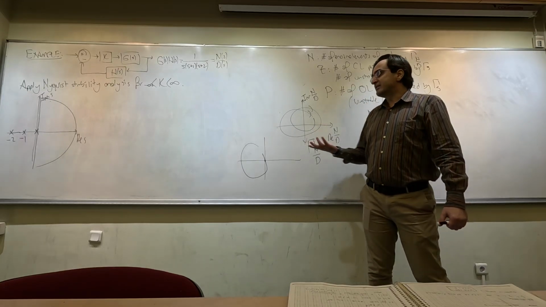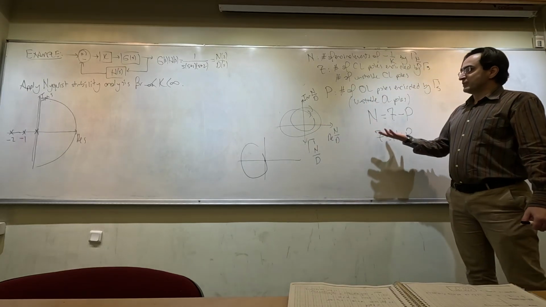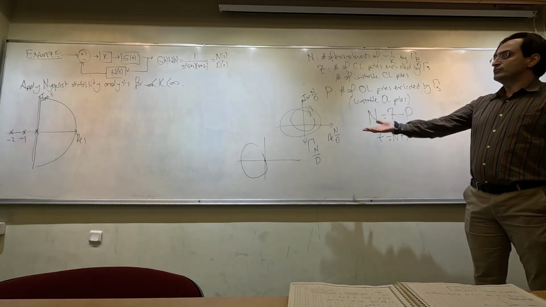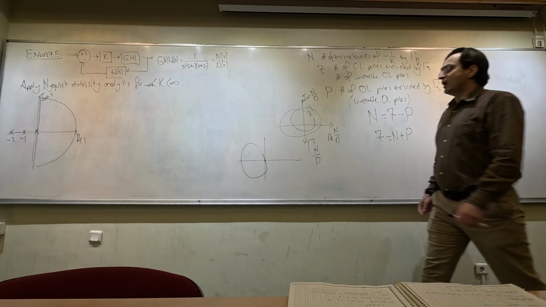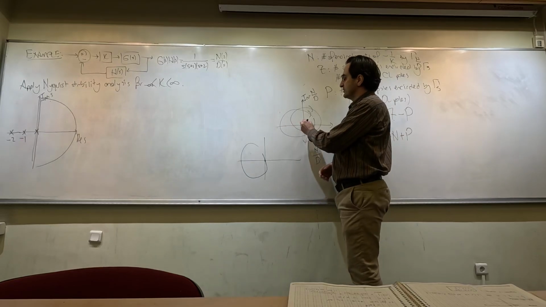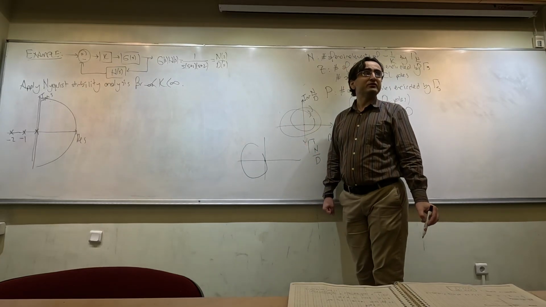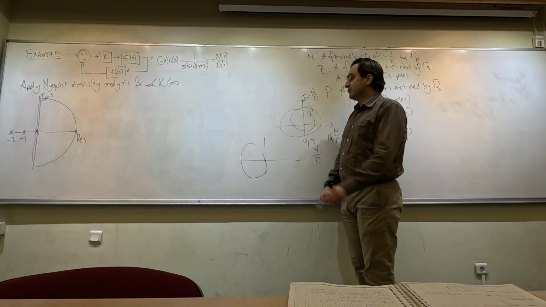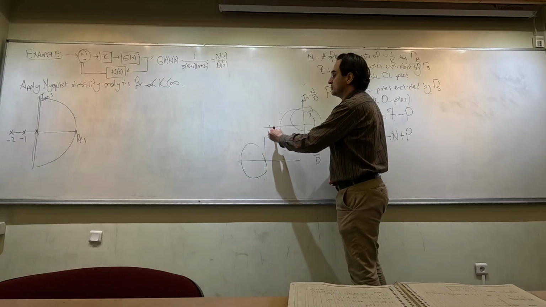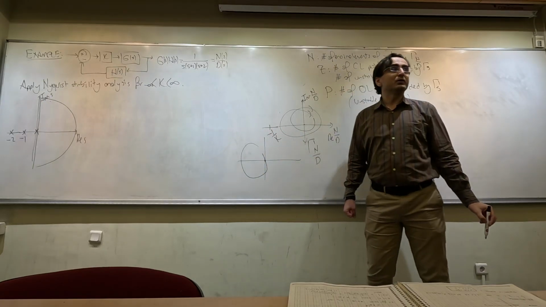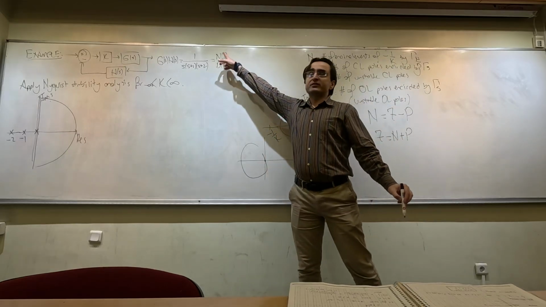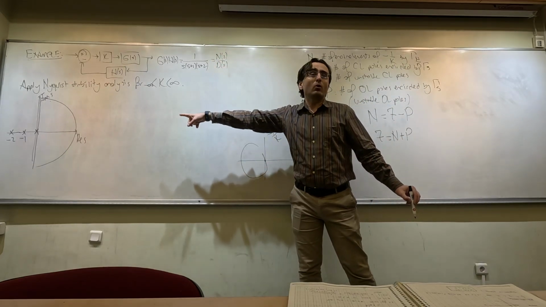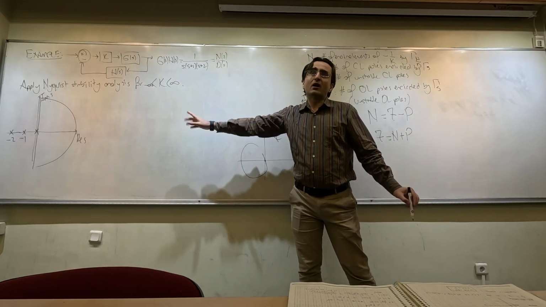But here, if I go back to how we are actually going to be using the Nyquist plot, I am almost never going to be interested in the number of encirclements of the point 0 anymore. I will be interested in the number of encirclements of the point minus 1 over k. So that is why if this transfer function has a 0 on the Nyquist path, I won't care.